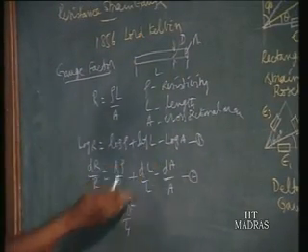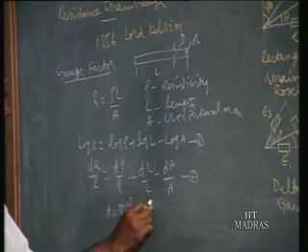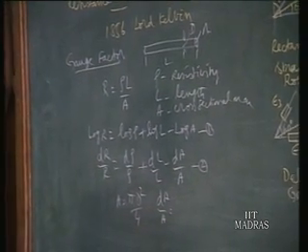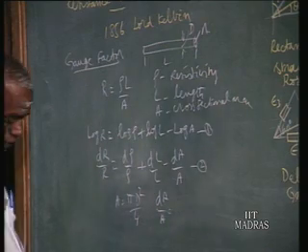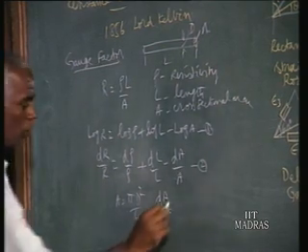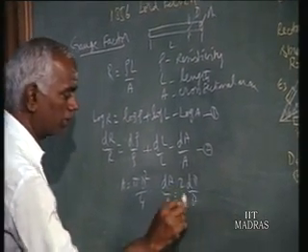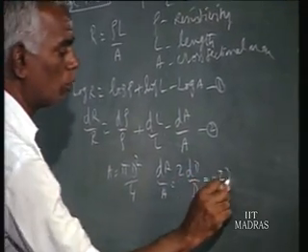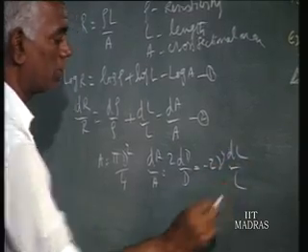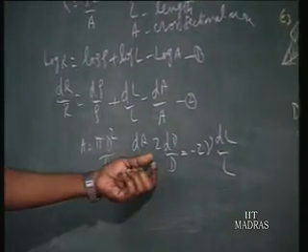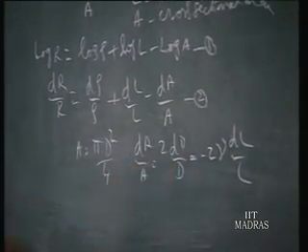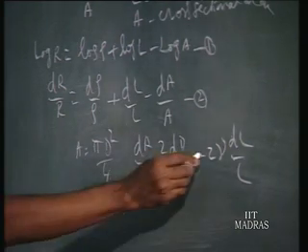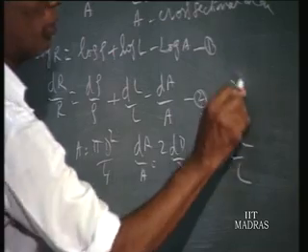So if you find dA by A, you will get dA by A is equal to twice dd by d, and that is equal to, in terms of Poisson's ratio, minus 2 nu dL by L, because the contraction is proportional to the Poisson's ratio in terms of linear strain, nu being Poisson's ratio.